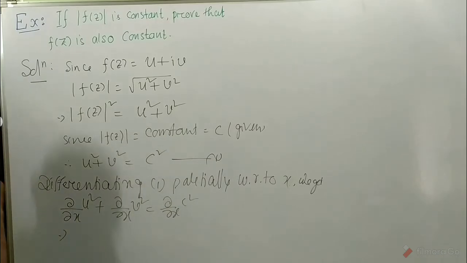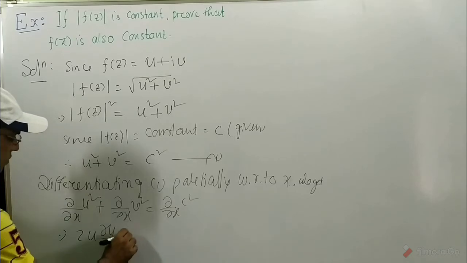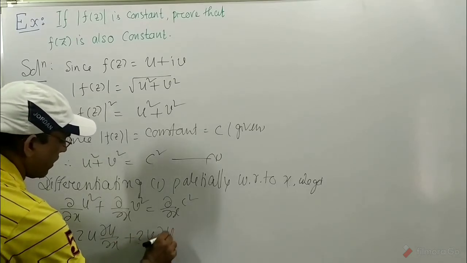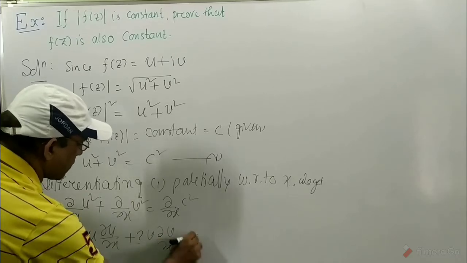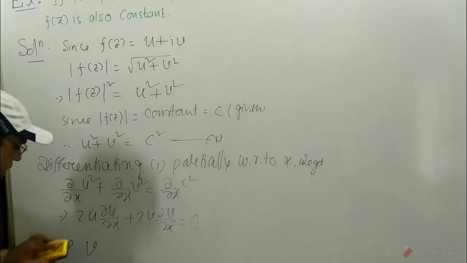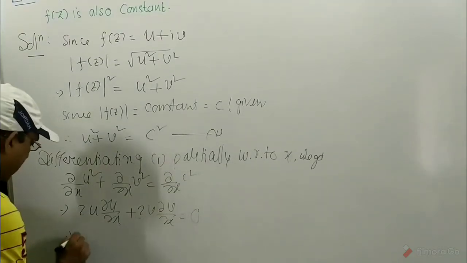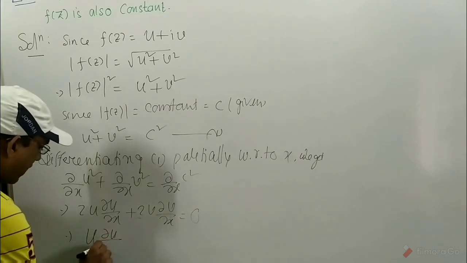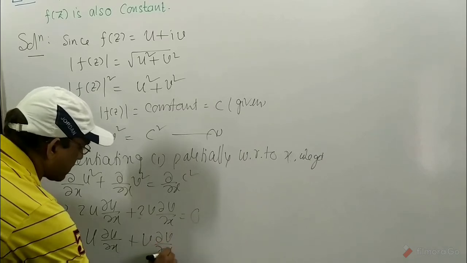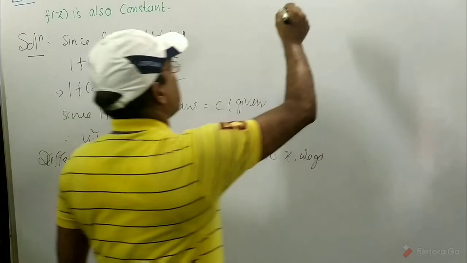So this will be twice u del u by del x plus twice v del v by del x equal to 0. If we divide both sides by 2, then u del u by del x plus v del v by del x equal to 0.